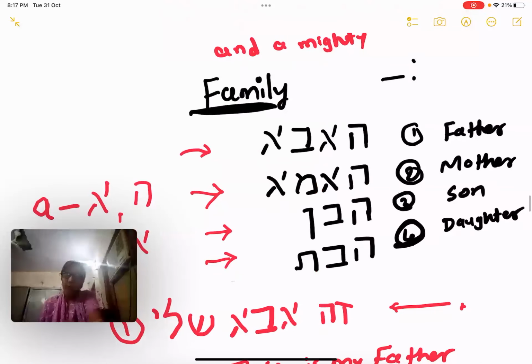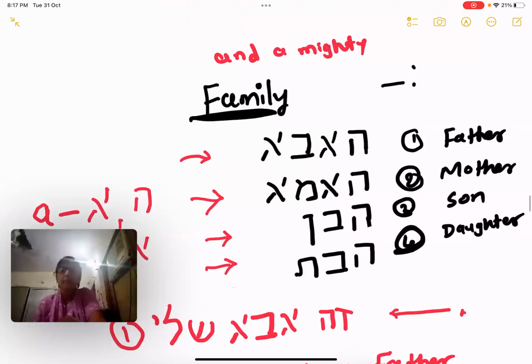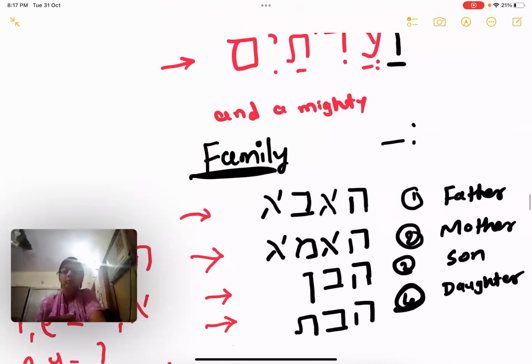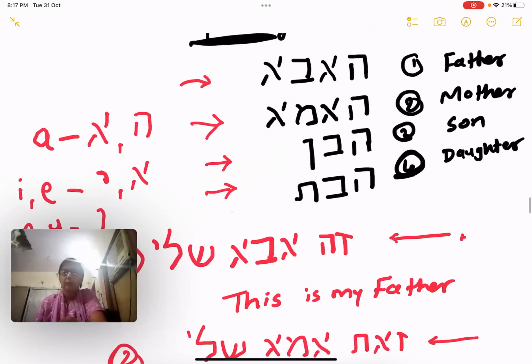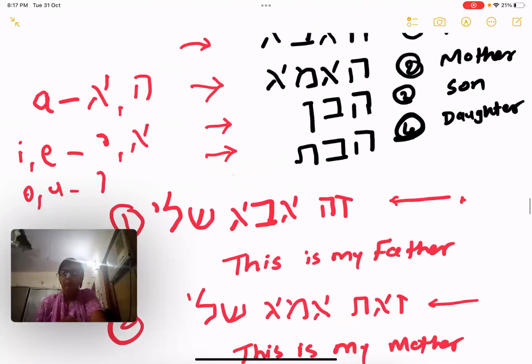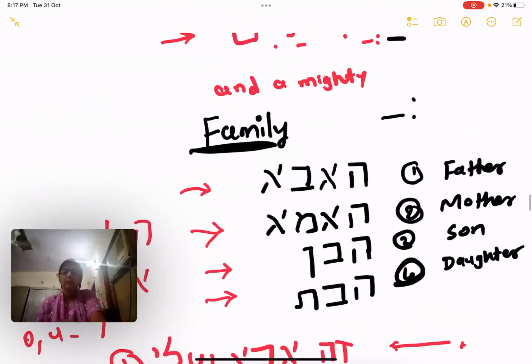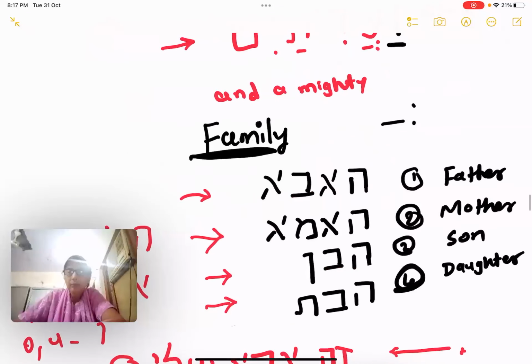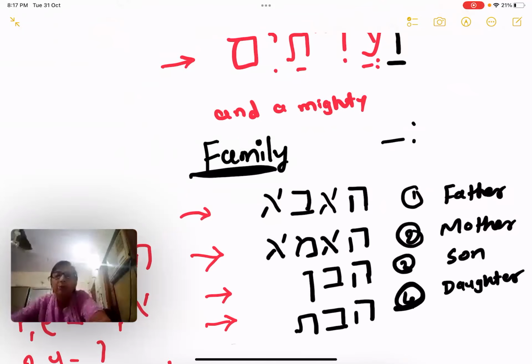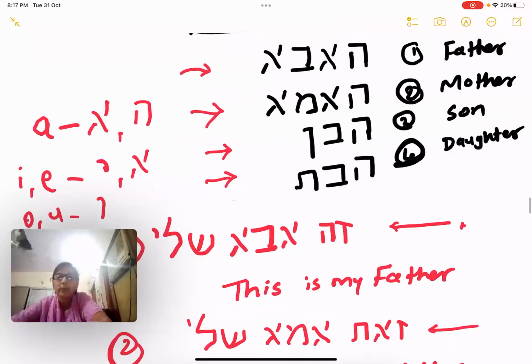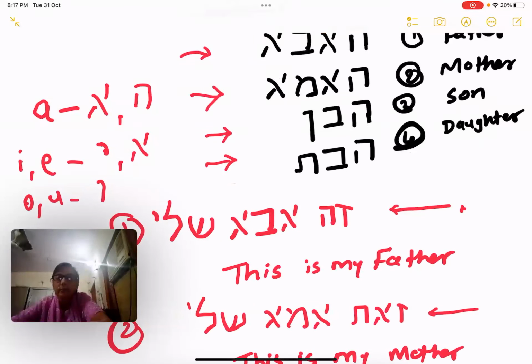See here, in modern Hebrew, for family, they use the word mishpacha. Now see here, we'll first learn this word. In modern Hebrew, you will not find the vowels, the nikud that we have learned.